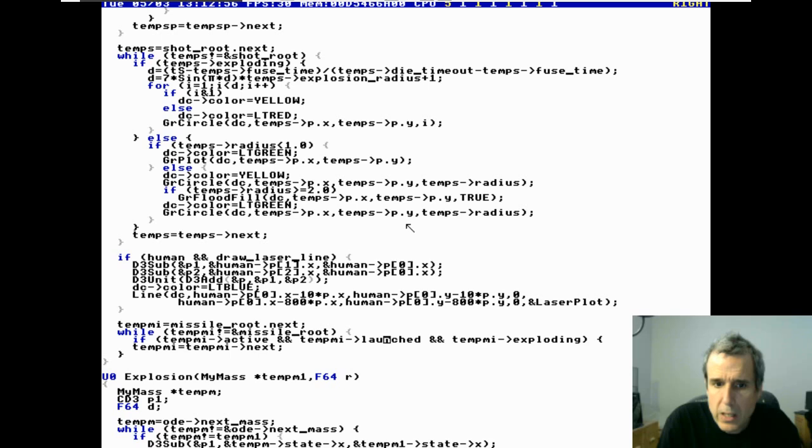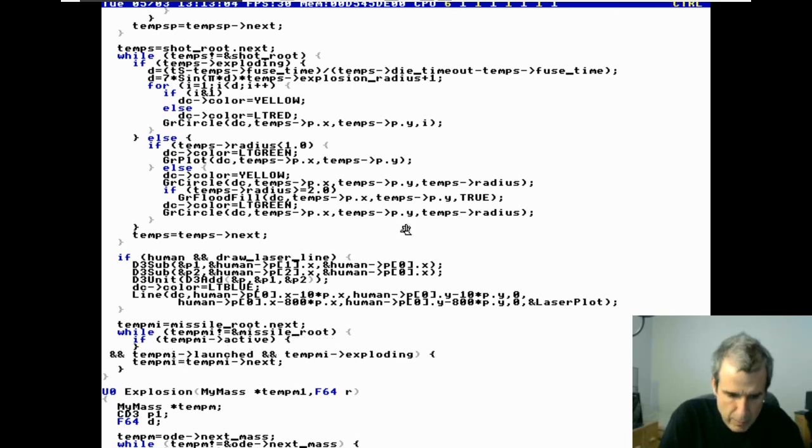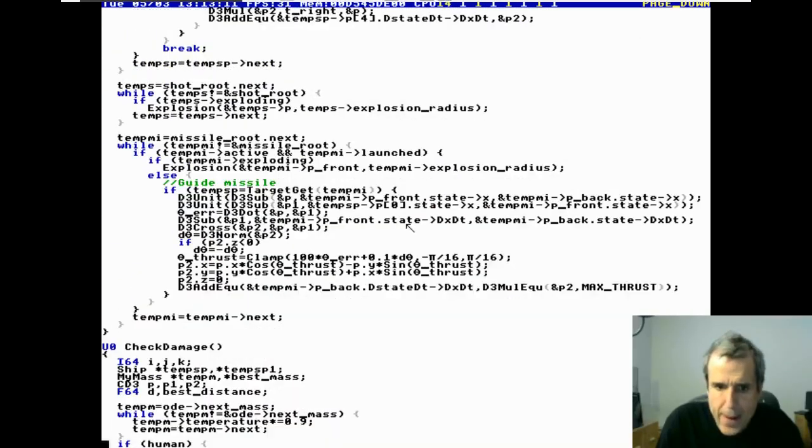So, if active. Okay, if active. Guide missile. SP. If active.